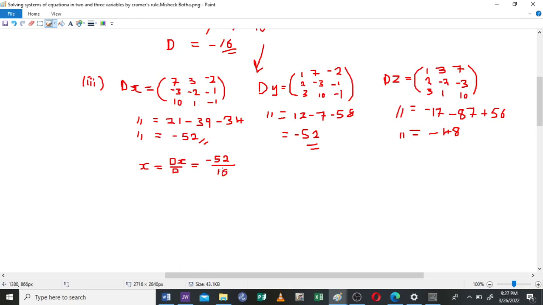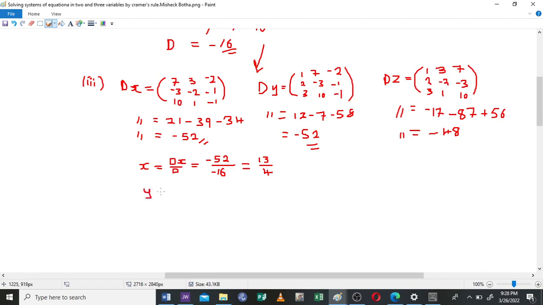Okay, good. In fact, that was negative 16, right? Let me just write this properly. So this was negative 16, which will give us 13 over 4 if you reduce it.